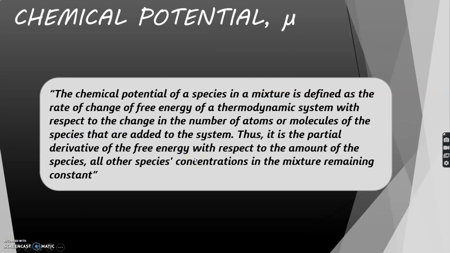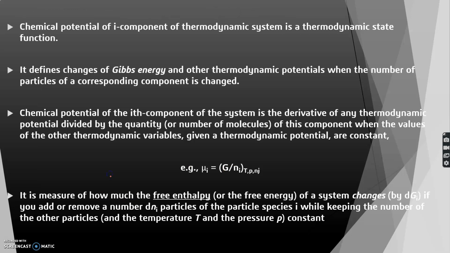So what is chemical potential? Chemical potential is defined as the rate of change of free energy of a thermodynamic system with respect to change in the number of atoms or molecules of the species that are added to the system. So it is the partial derivative of free energy with respect to the amount of species where all other species concentrations are constant. Chemical potential of the ith component is a state function, and it defines Gibbs energy and other thermodynamic potentials when the number of particles of a corresponding component is changed.